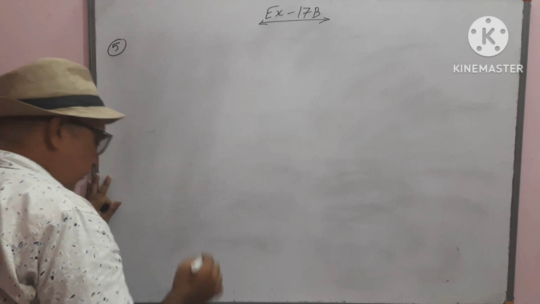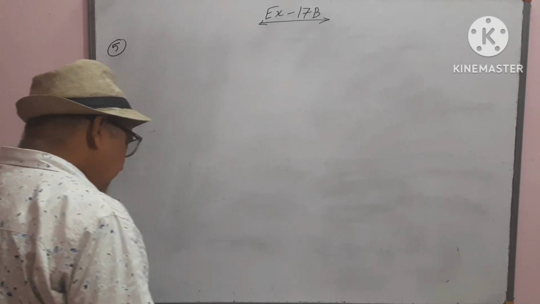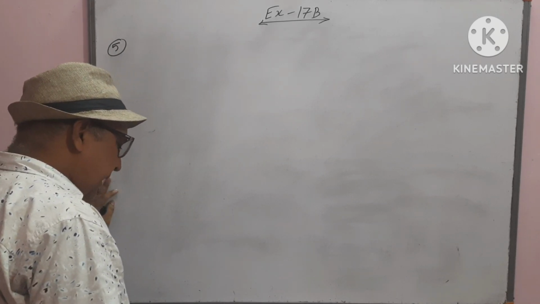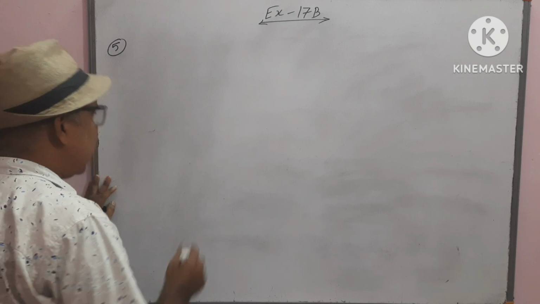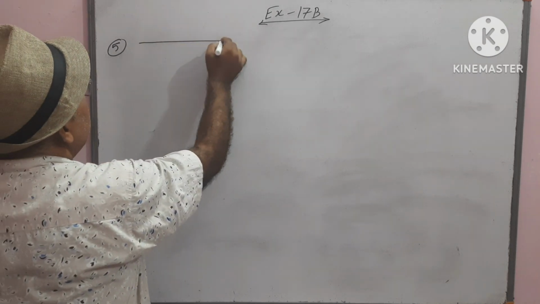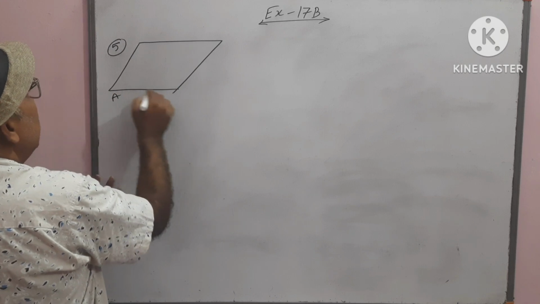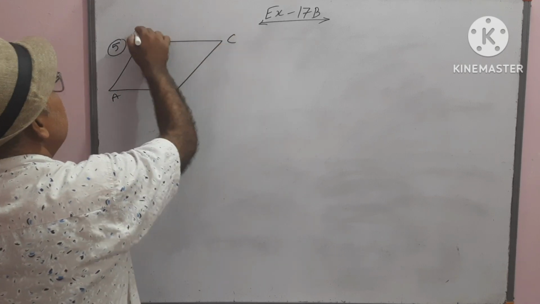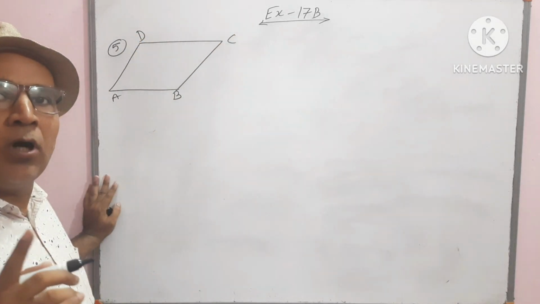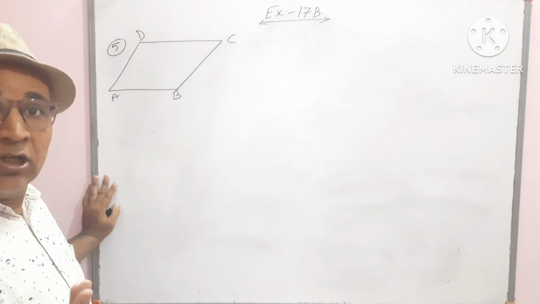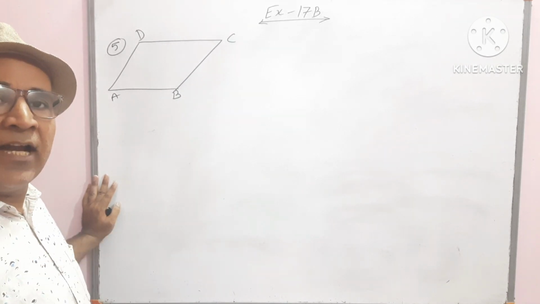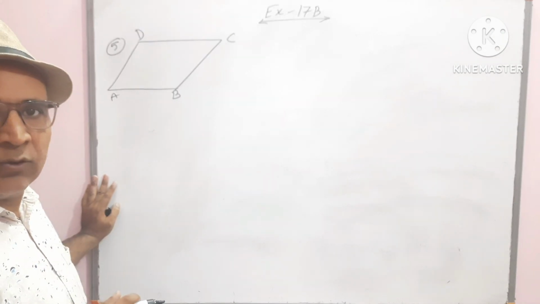Okay, now see question number 5. In question number 5, it is given that in the adjoining figure ABCD is a rhombus. I hope you all know what a rhombus is. Rhombus means a parallelogram in which all the sides are equal.